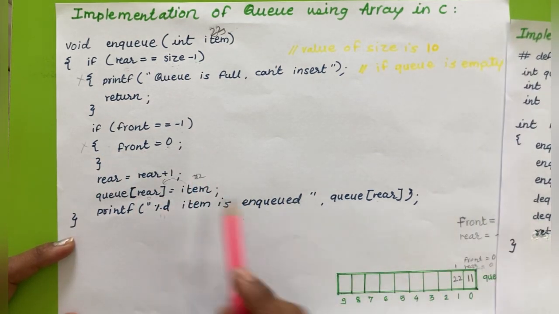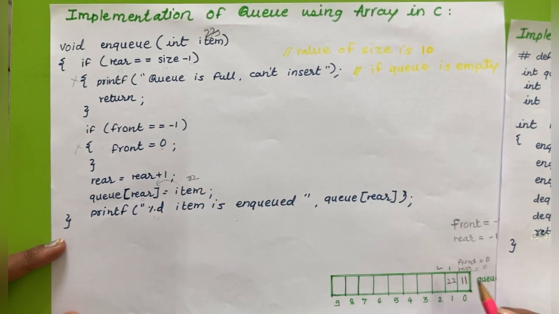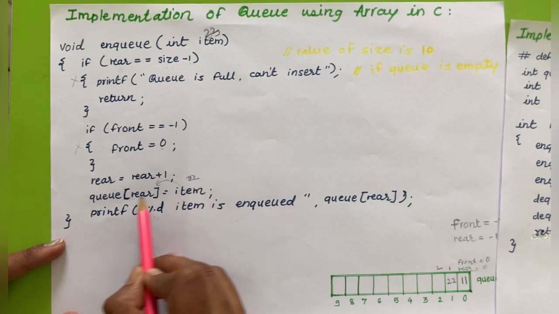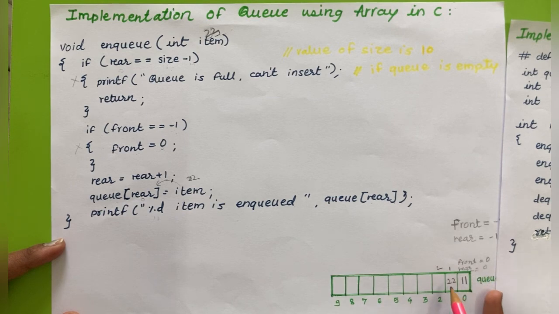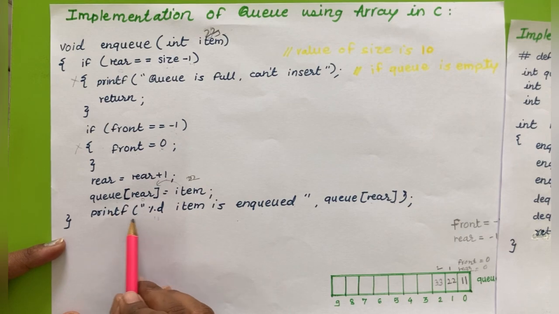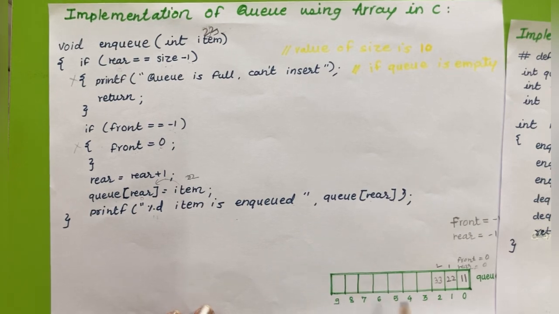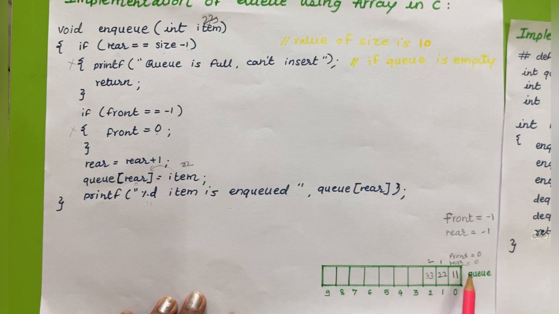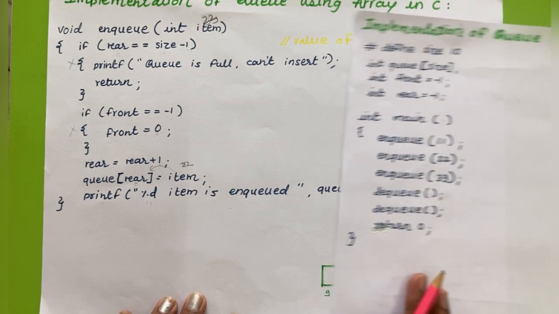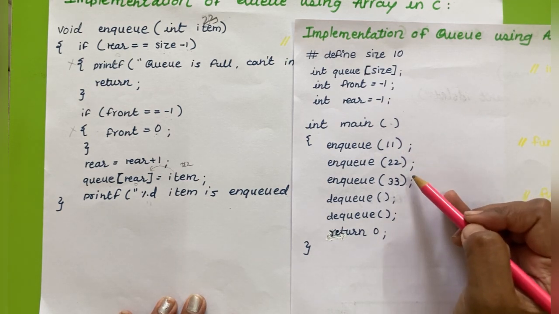So it will again increment the rear by 1, and now the value of rear is 2, and item 33 will get copied in the queue of rear. So at queue of 2 we have element 33 inserted. Here again 33 item is enqueued will be printed on the screen, and this is the last content of the queue after these 3 enqueue function calls from the main.